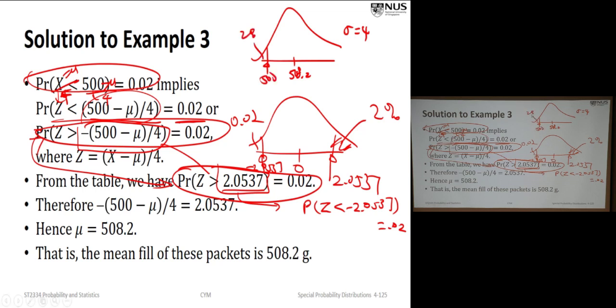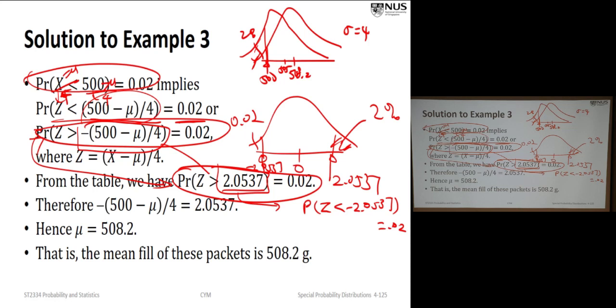So that's the problem. Now I don't want to give so much. So what to do? I want to shift my mean. But if I shift the whole thing, I change the mean from 508.2 to 505. So basically I shift the whole distribution. Then the probability of less than 500 increases. So it's no good. So I cannot just shift the mean.